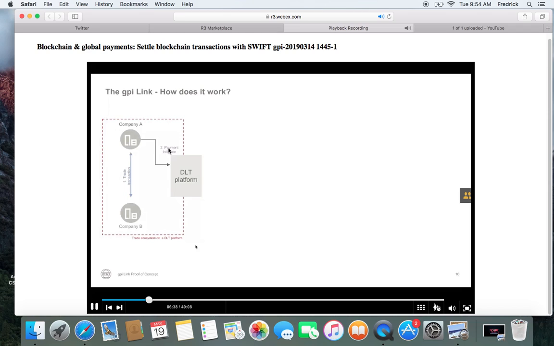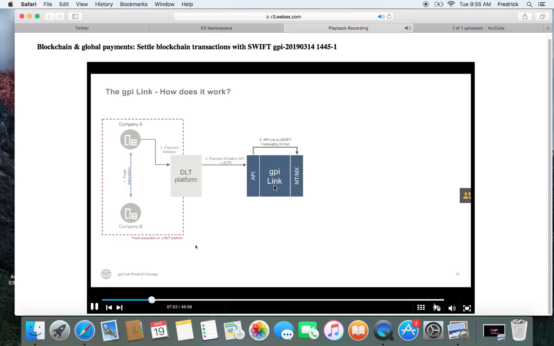What happens then is that via the DLT platform, an API call will be executed towards what we now call GPI Link. And this one will transform that API call. By the way, that API call can already contain that unique transaction number that will be used across the whole payment scheme.